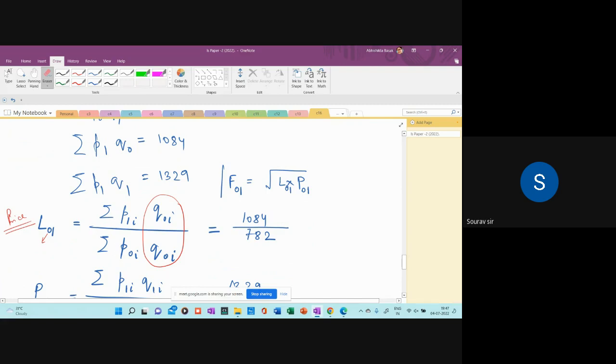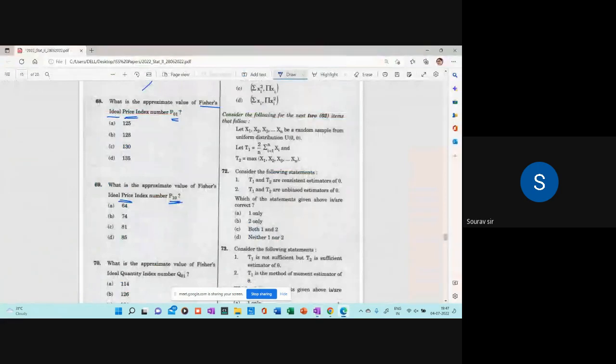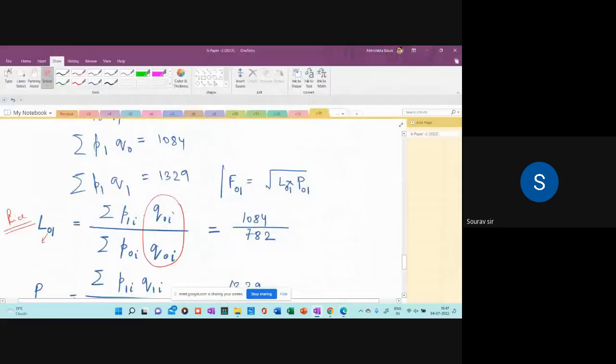I am checking the formula, whether I have written it wrong or not. It's coming approximately 152. It's not close to the... No, wait, let me check the formula again. This is last year's formula. Just let me go through the formula again. I'm checking the formula. Wait.